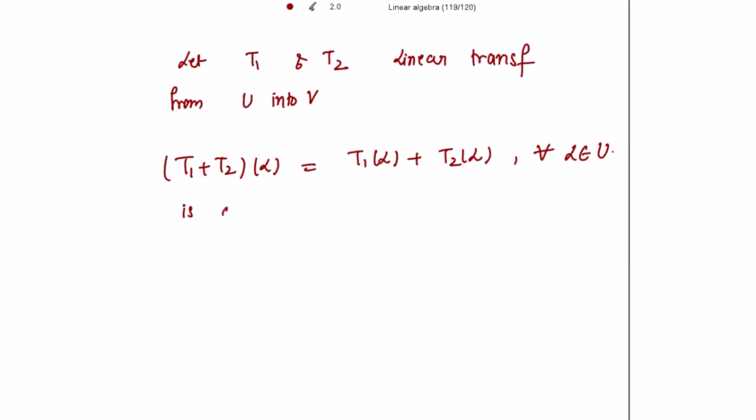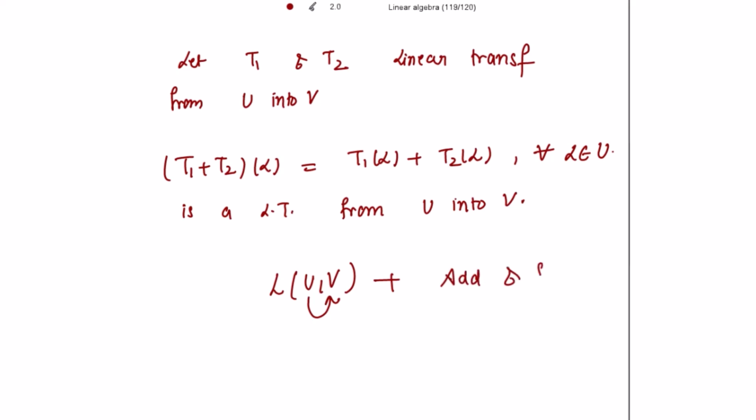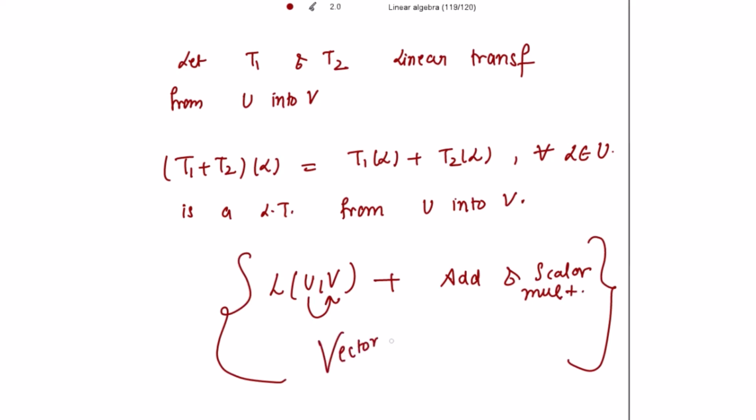So this is a linear transformation from U into V. So the set of all linear transformations from U into V together with the addition and scalar multiplication is a vector space over field F.